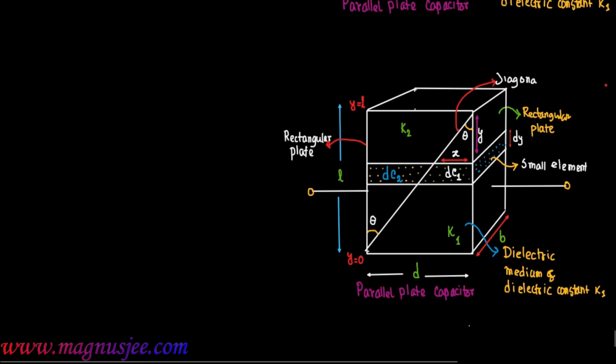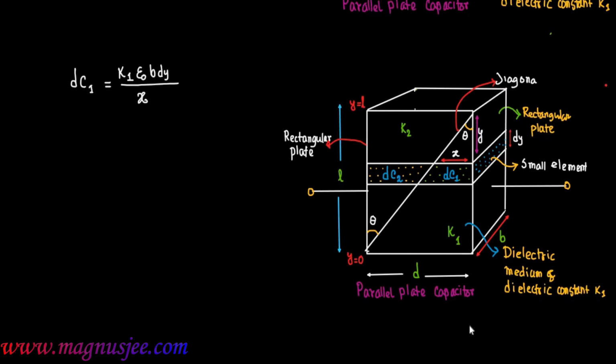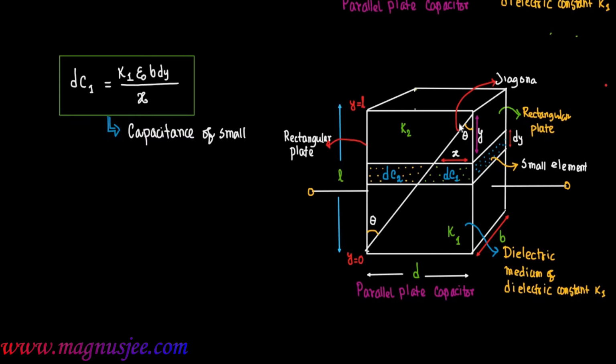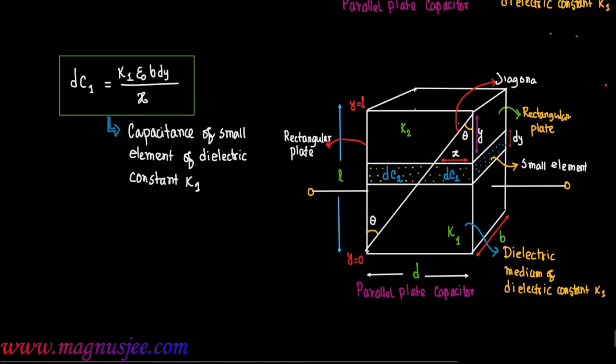In the diagram, dC2 is the capacitance of a small element of dielectric constant K2, and here we can write down the expression of dC1. dC1 is equal to K1 epsilon 0 b dy divided by x. b dy is the area of cross section of the small element of dielectric constant K1, and dC1 is the capacitance of the small element of dielectric constant K1.